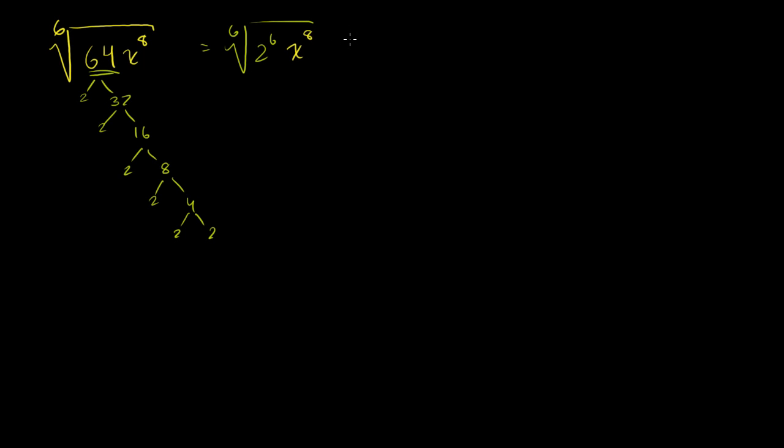This part right here is just going to be equal to 2. It's going to be 2 times the 6th root of x to the 8th power. And how can we simplify this? Well, x to the 8th power is the same thing as x to the 6th power times x squared, right?